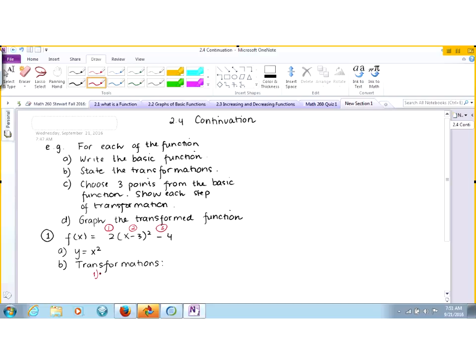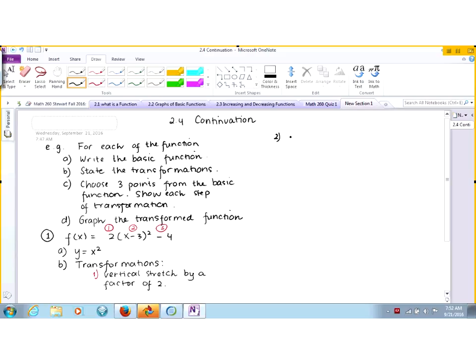So what was the first one? 2. Yes. What does this 2 do? What type of stretch? Vertical, horizontal? Yes, this is a vertical stretch by a factor of 2. Good. Now, what about the second transformation? x minus 3.